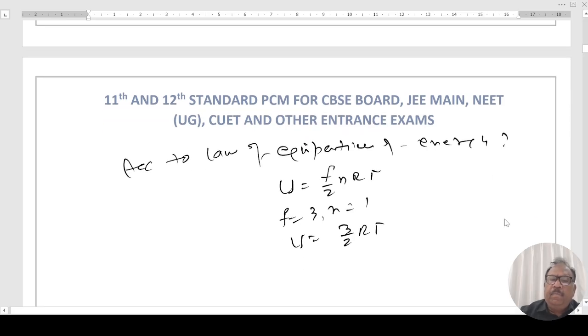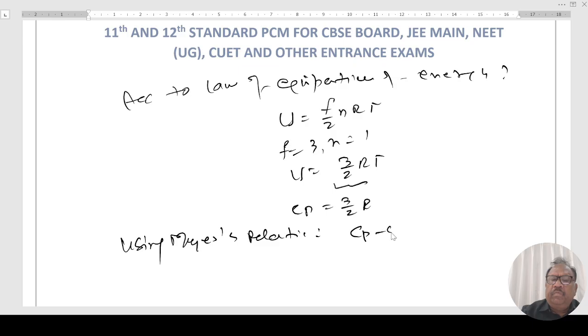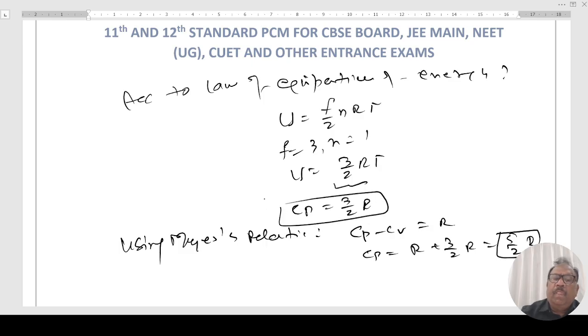So this is Cv. Cv is 3 by 2 R. Using Mayer's relation, Cp minus Cv equal to R. So Cp equals R plus 3 by 2 R, that is 5 by 2 R. Cp is known, Cv is known, R is known.